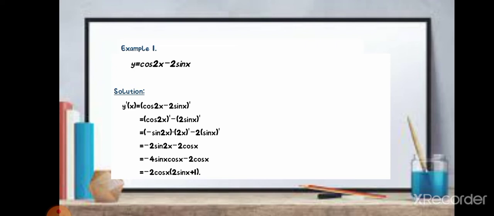And our final answer would be negative 2 cosine x times 2 sine x plus 1.